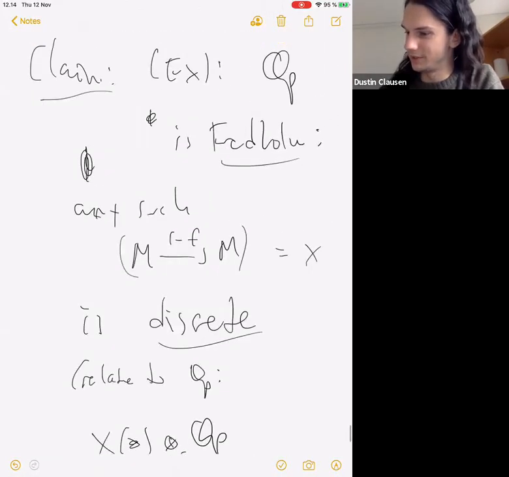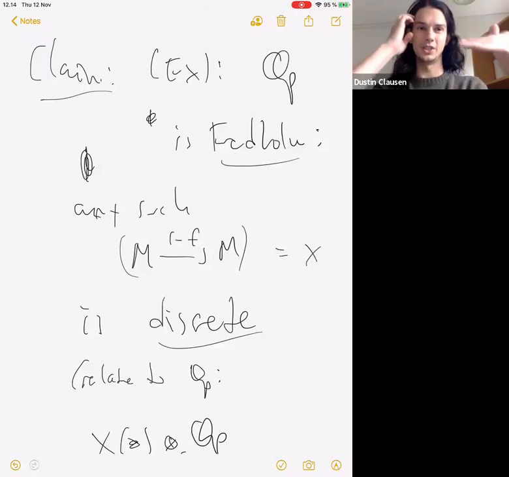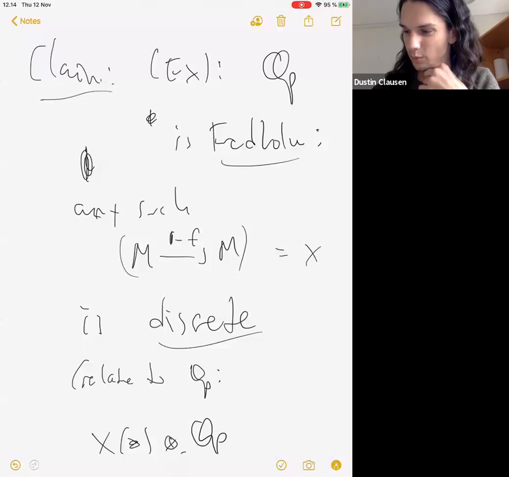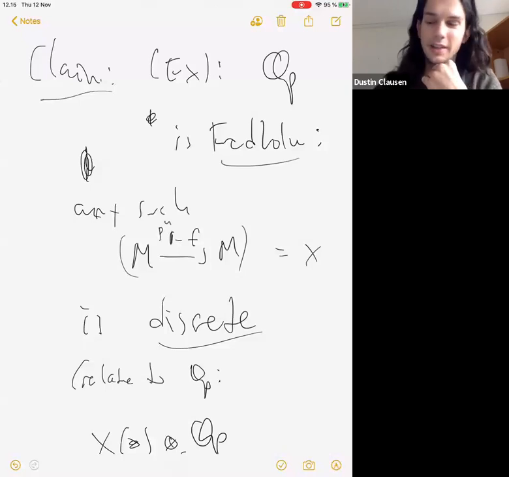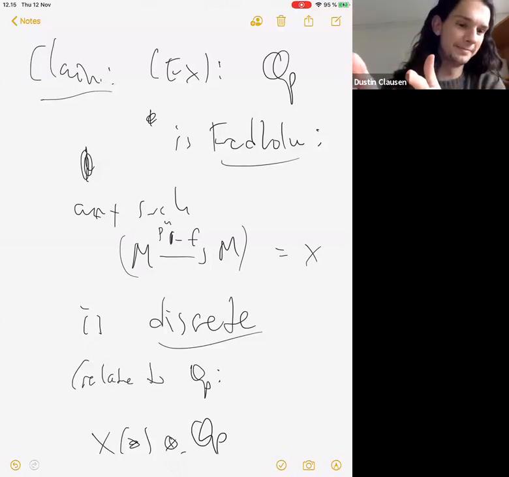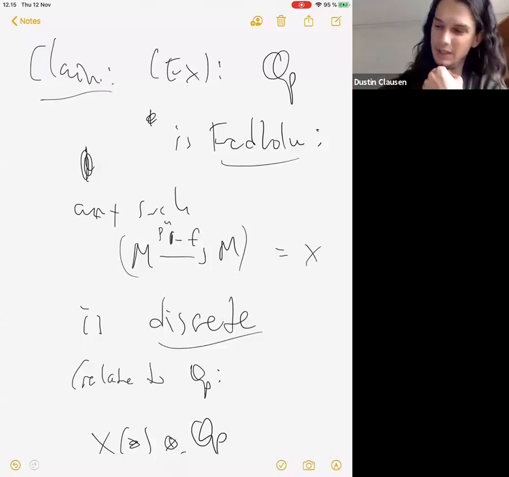And actually, it is not so difficult to prove that these two-term complexes like this are discrete. I don't have time to give the argument, I think, but the point is this. You're reduced to checking something over Zp, but you have to replace 1 by maybe some power of p. And then you want to check that the map from the discrete guy to it, the cofiber has bounded torsion.